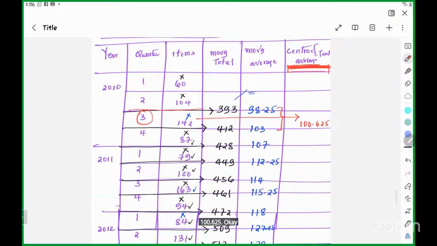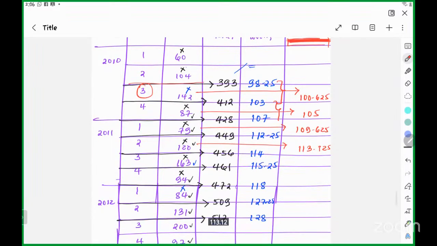Then next, it is also moving. So we add these 2 and divide by 2. It is 105. And then these 2 and divide by 2. 109.625. Good job. And then these 2. 113.125.